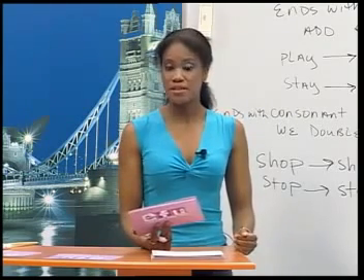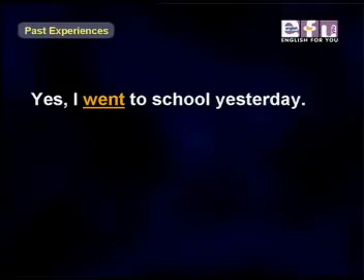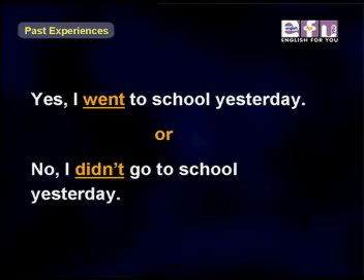Let's take a look at the answers. Yes, I went to school yesterday. It's positive, so the main verb has to change to the simple past form. Or, no, I didn't go to school yesterday. It's negative, so we change the helping verb from don't to didn't, and the main verb stays in its simple form, go.